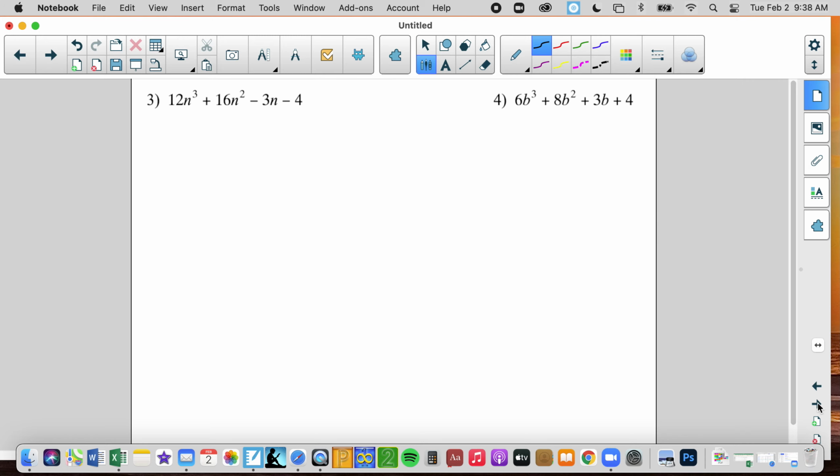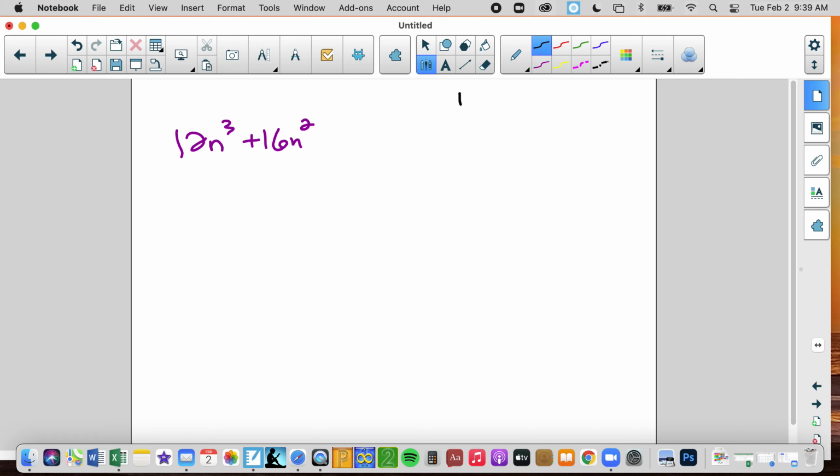And remember that when we look at these terms, we look at them in pairs. So when we look at group 1, we're looking for the GCF. Remember how we find the greatest common factor of those two terms. We have 12n to the third plus 16n squared.